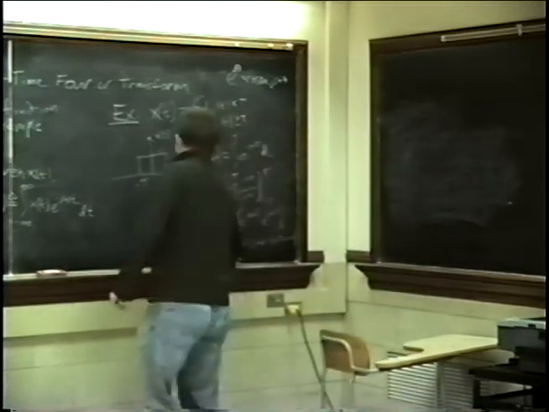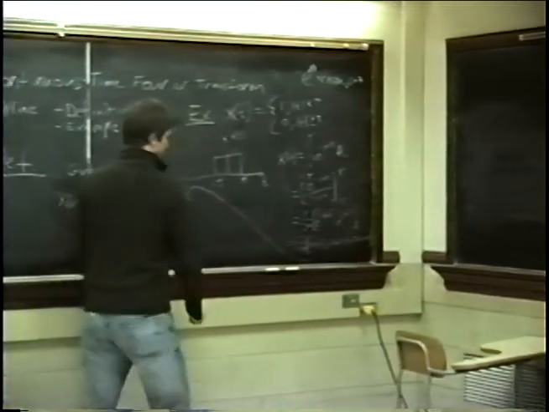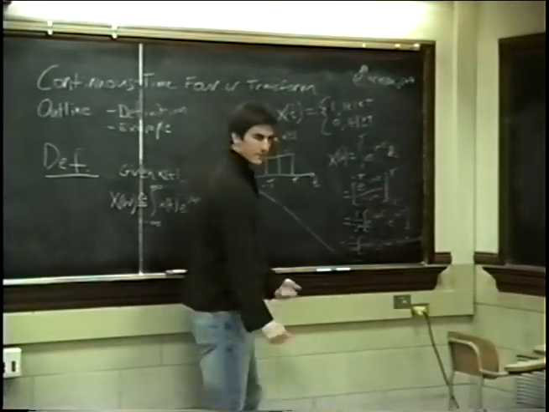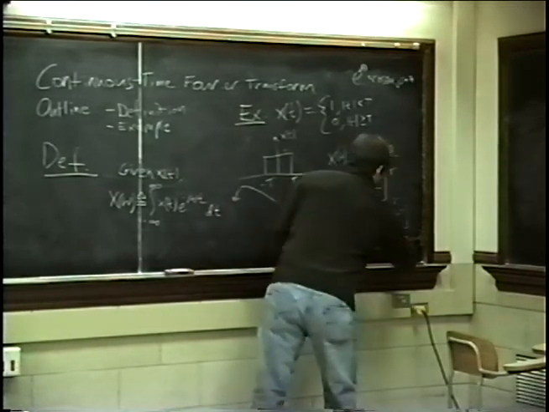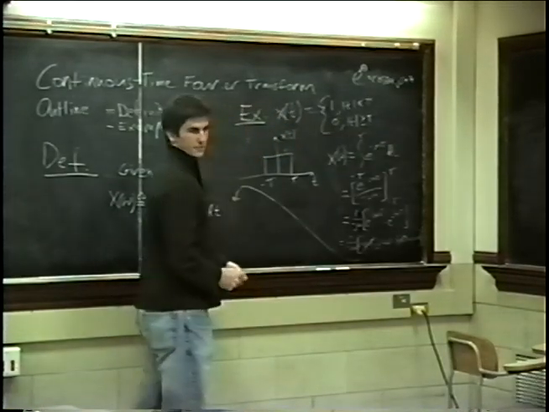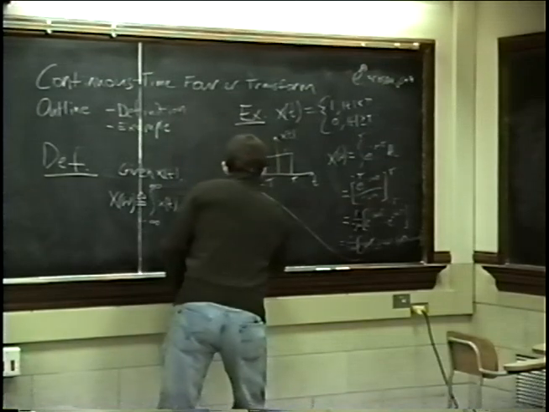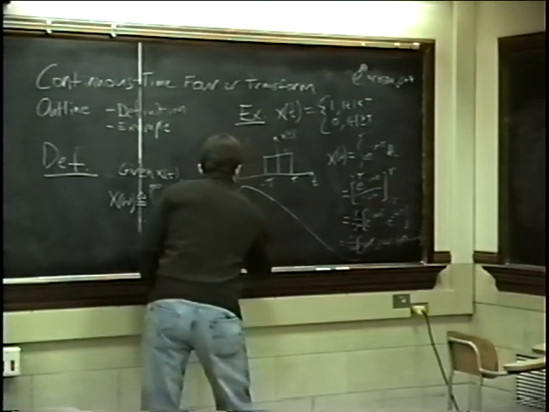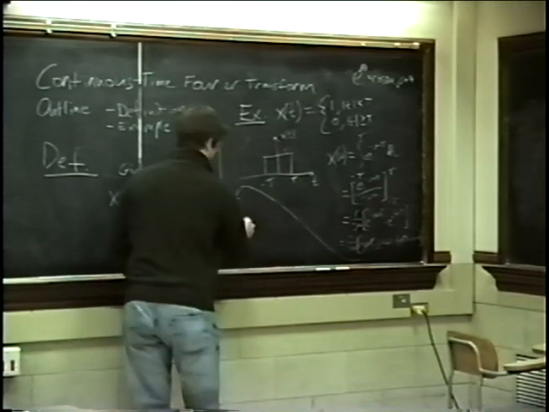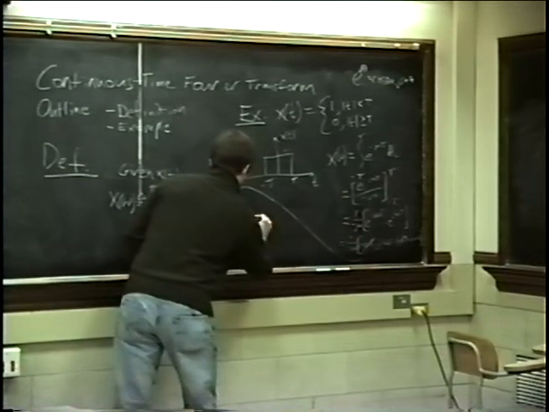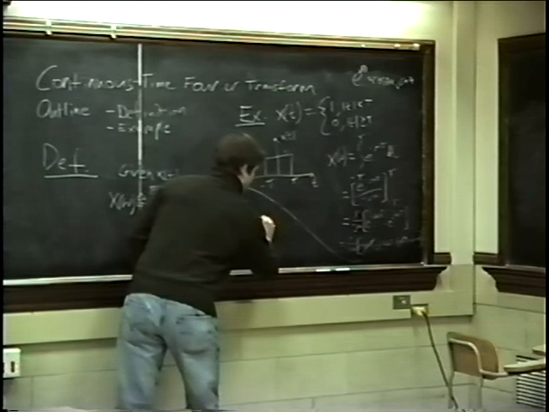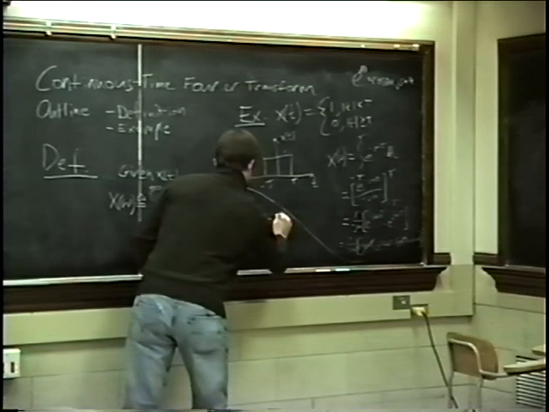And this simplifies. What cancels here? Cosines cancel. And we get 2 of the j sine terms. So we get 1 over minus j omega times minus 2j sine omega t.